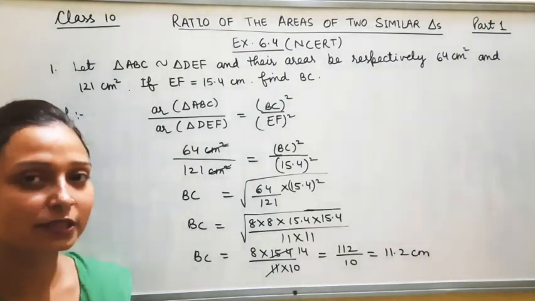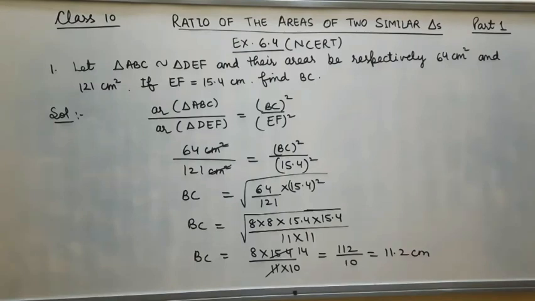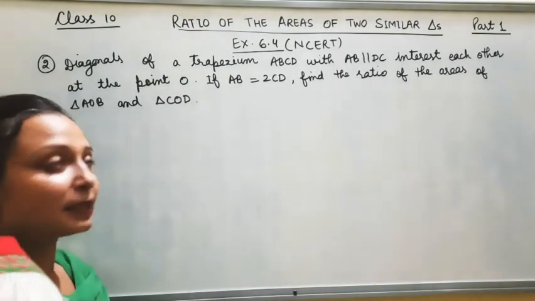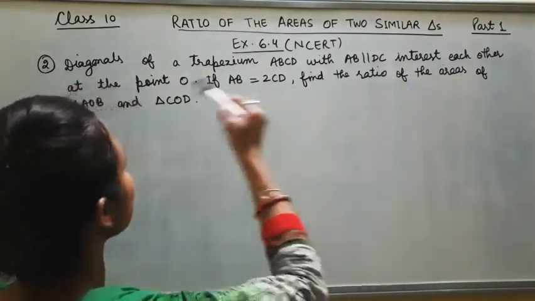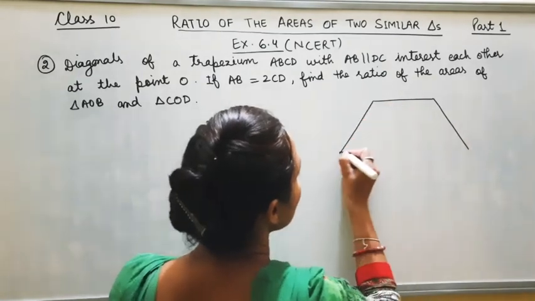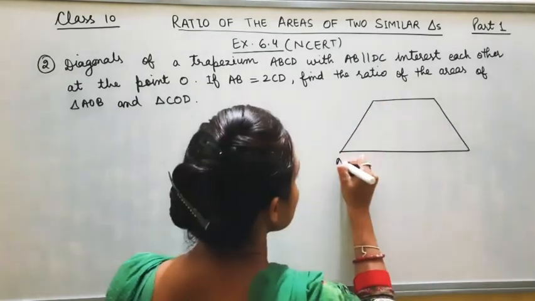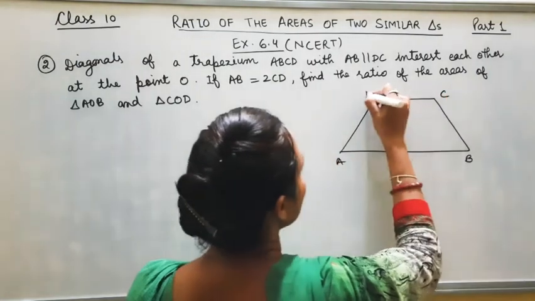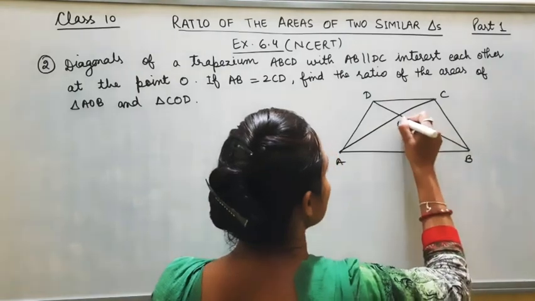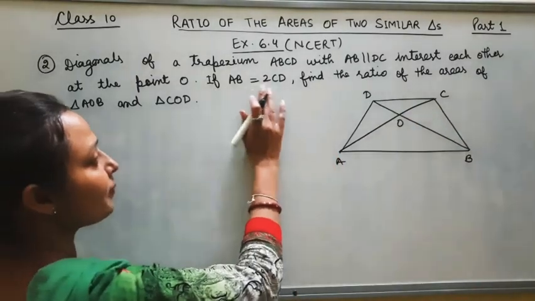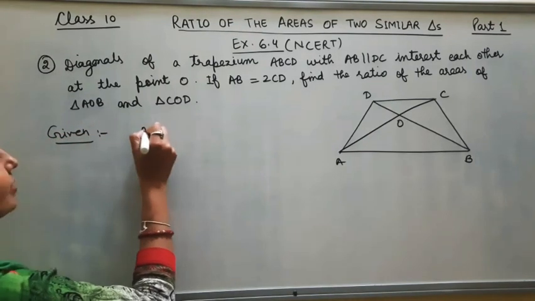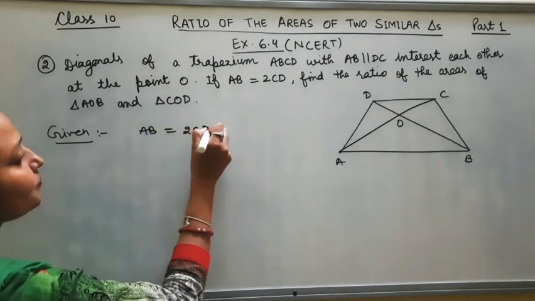Now come to question number second, that is very simple. First of all, you will make a trapezium in which AB is parallel to CD and the diagonals intersect each other at O. So I will make the trapezium in which AB and CD are parallel and they intersect at O. It is given that AB is 2 times CD.